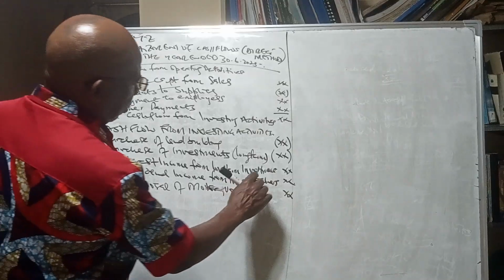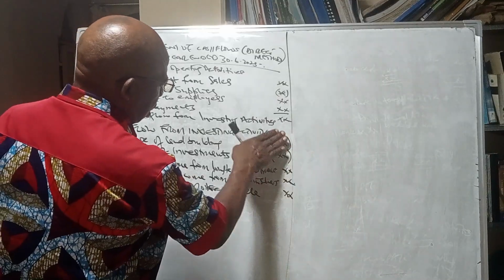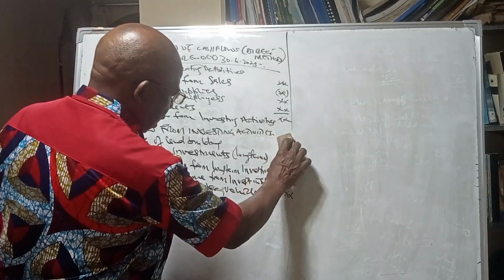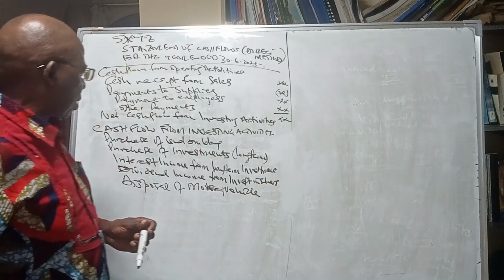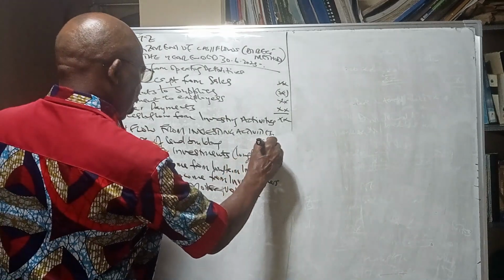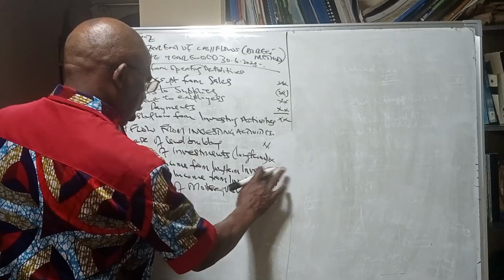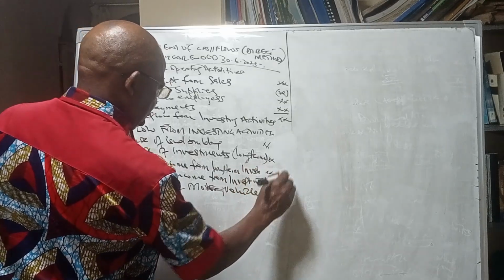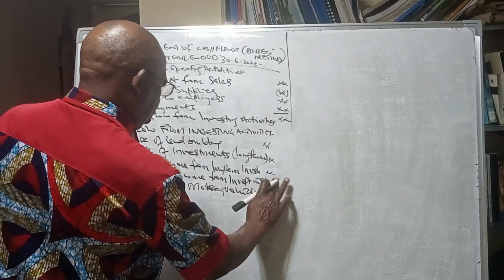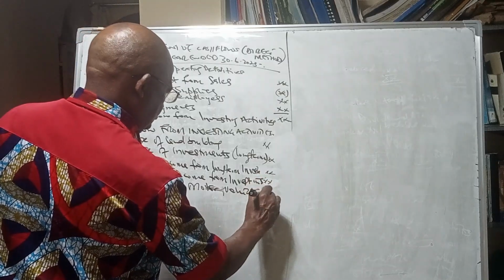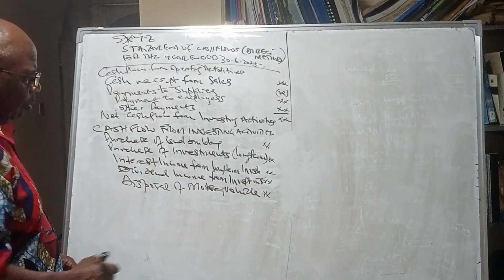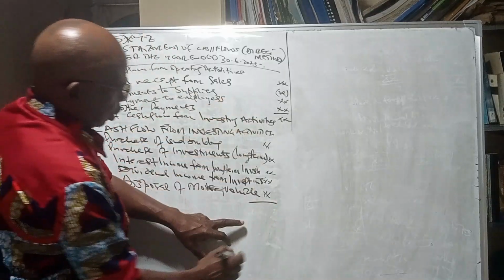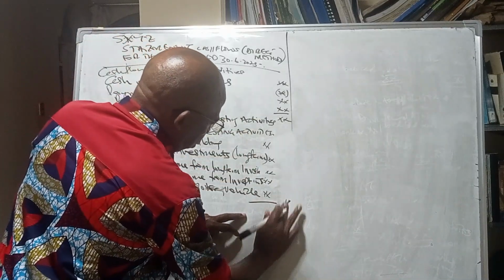Now, by the way, ideally, these ones, we should be putting them somewhere inside here, investment, so that when we get the net position, we will bring them here.